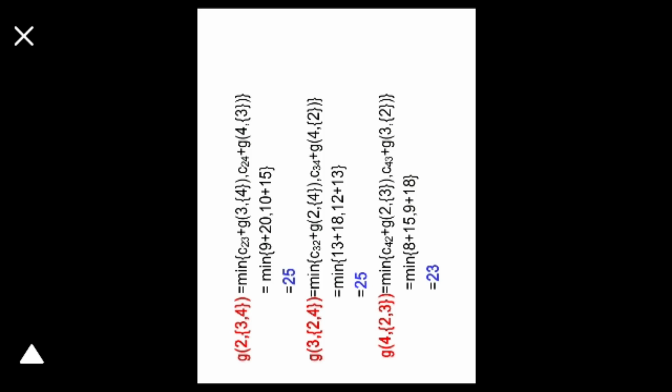Then only one city is left, that is 4 to 3, and finally I have to come back to 1. So my minimum tour is 1 to 2, 2 to 4, 4 to 3, 3 to 1.